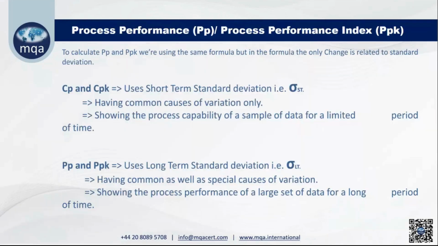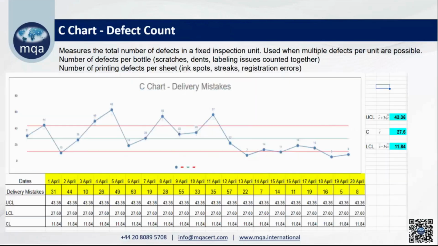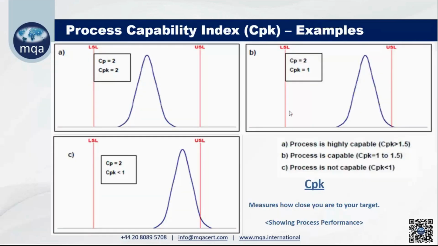There are two aspects of process capability. The first aspect is the width of the process. This is CP. The second aspect is the center line. Understand? So CP is the width of the process, CPK is the center line. How far is the center line from the mean?